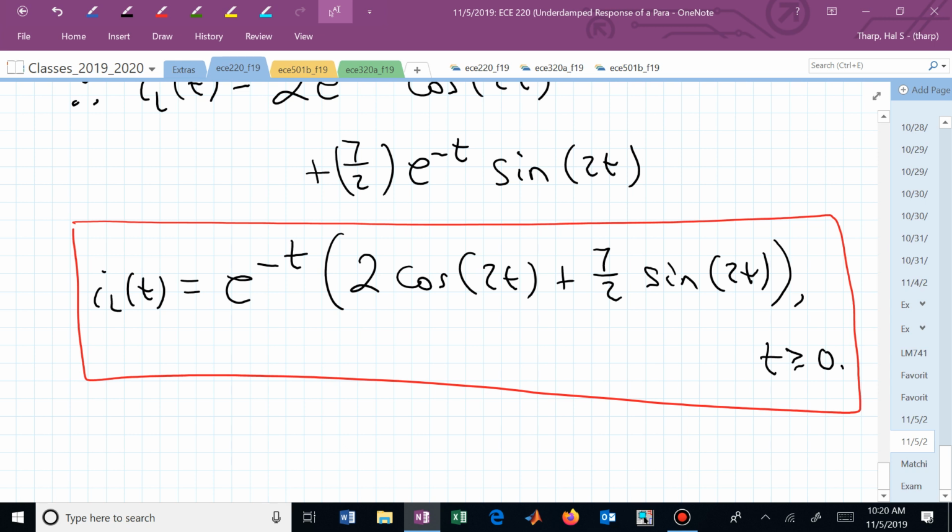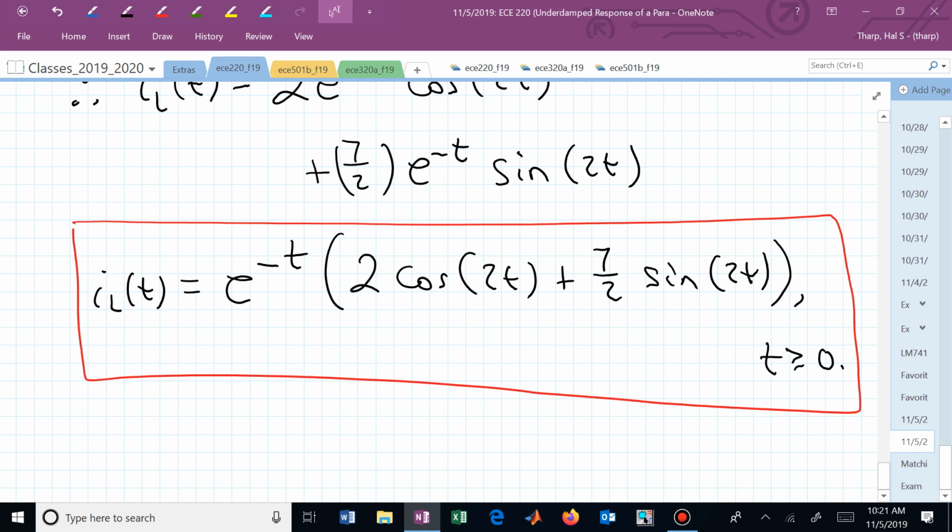What's going to happen at t equal to infinity? What's I sub L of t as t goes to infinity? It better go to 0, right? That's what we expected from the RLC. So if you get all the way done and this is blowing up, you must have made some algebra mistake somewhere. You might want to check your work when that happens.